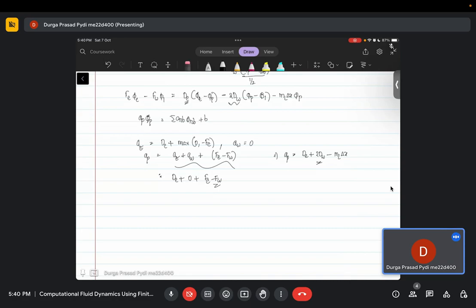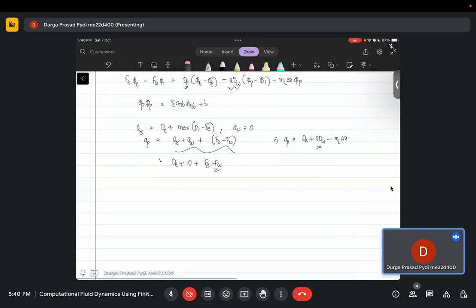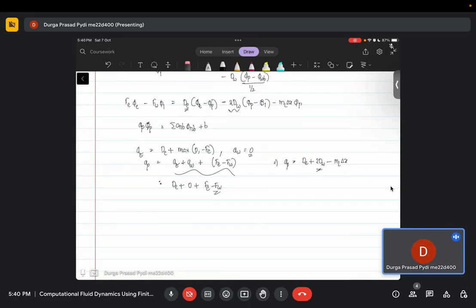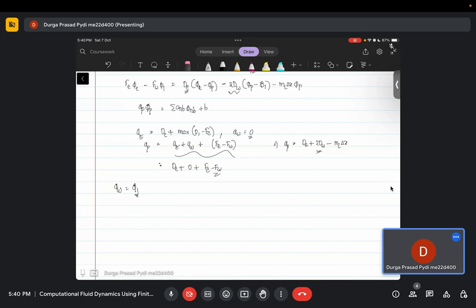When you are programming it, instead of making AW 0, let us consider that phi west is essentially phi 1. If you treat phi 1 as your phi west, then what are the coefficients of phi 1 from the above equation? FW plus 2DW.